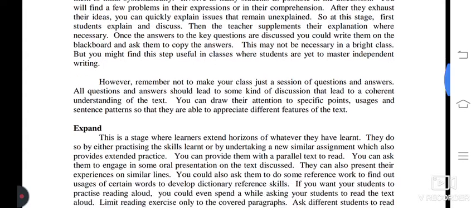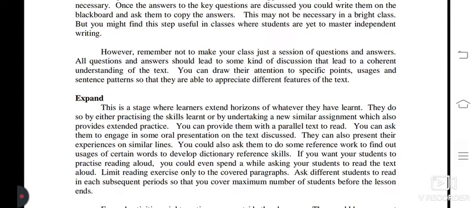Let's see now. This is a stage where learners extend the horizons of whatever they have learned. They do so either by practicing the skills learned or by undertaking a new similar assignment, which also provides extended practice. You can provide them with a parallel text to read. You can ask them to engage in some oral presentation on the text discussed.